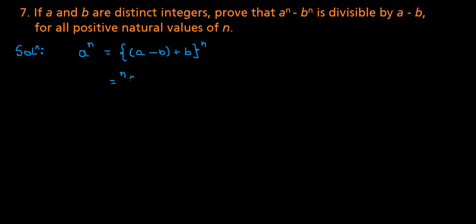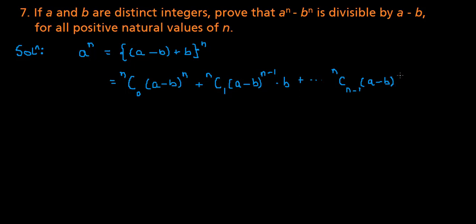So the first term will be nc0 a minus b raised to the power of n plus nc1 a minus b raised to the power of n minus 1 times b plus ... Then we take the second last term, which is nc n minus 1. So this is a minus b to the power of 1 times b raised to the power of n minus 1, plus the last term, which is ncn b raised to the power of n.